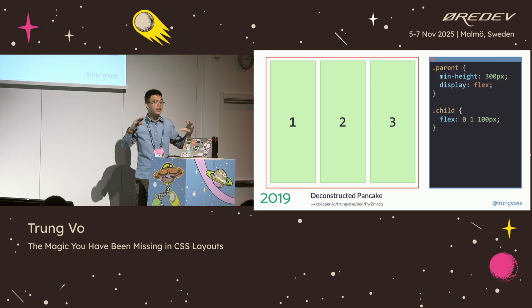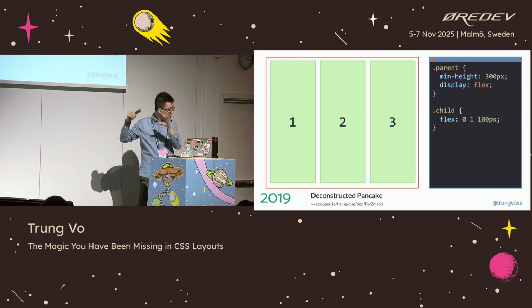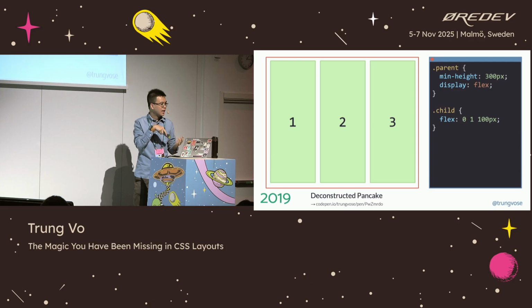So if your container has enough space to fit 3 items, we do the math again. I don't put in the math, but essentially there's 100 pixels times 3, plus some gap in between. If the container satisfies this condition, then you can put 3 things into the same row.